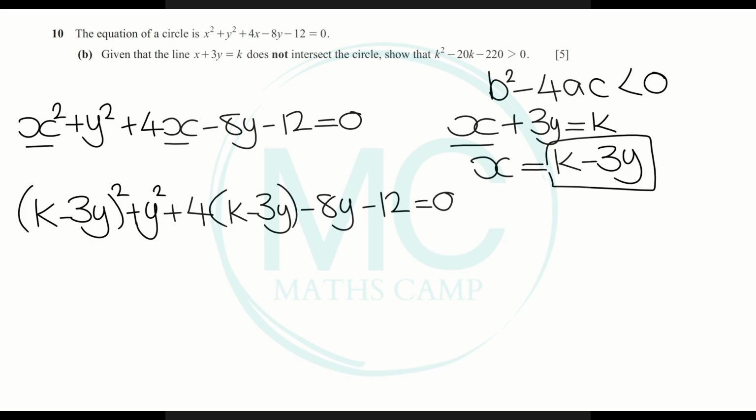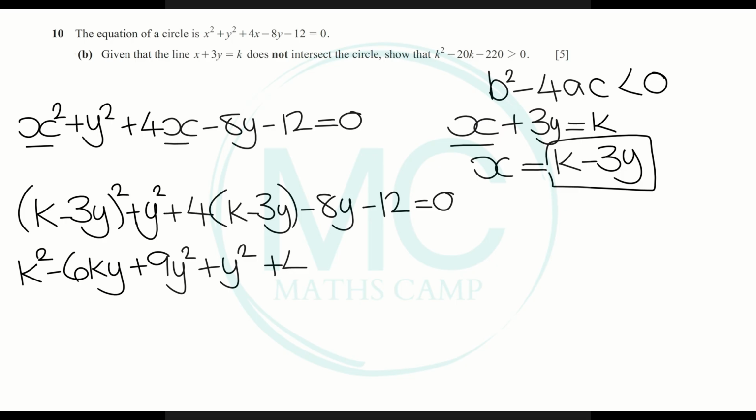Now I need to expand my brackets. So I'm going to get k squared minus 6ky plus 9y squared plus y squared. Expand my next bracket, I get positive 4k minus 12y minus 8y minus 12, which is equal to 0.